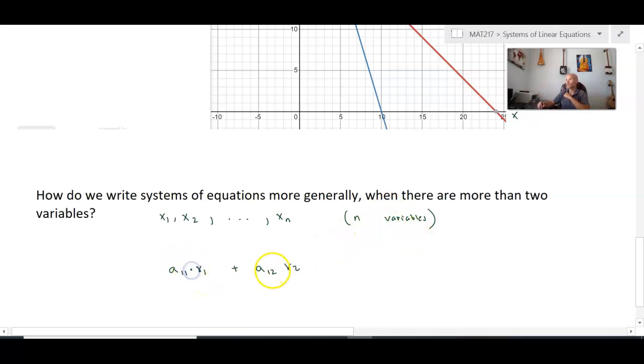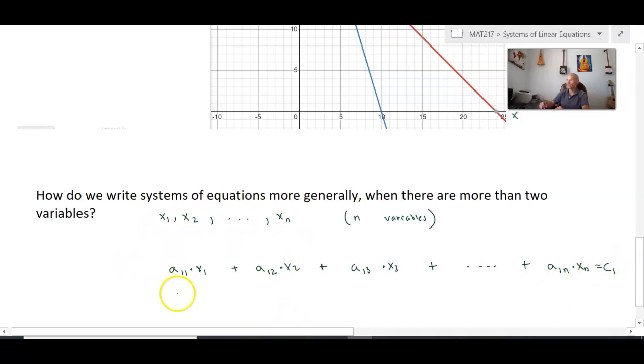So we have a11 times x1 plus a12 times x2, plus a13 times x3, plus all the way up to, and this is how we write it, plus dot, dot, dot, plus a, we're still in the first equation, but now we're on the nth variable, so that's the coefficient of the nth variable in the first equation, times xn equals some constant.